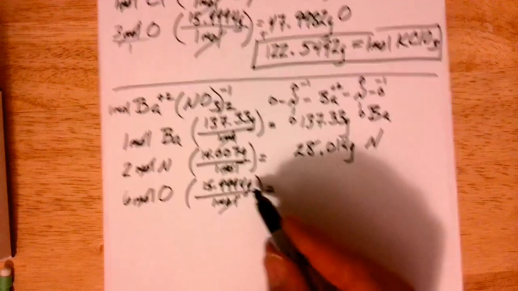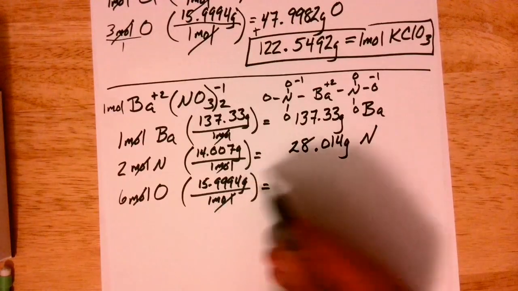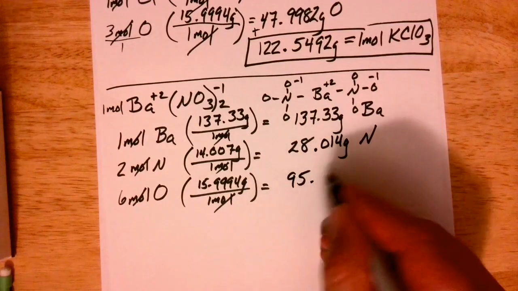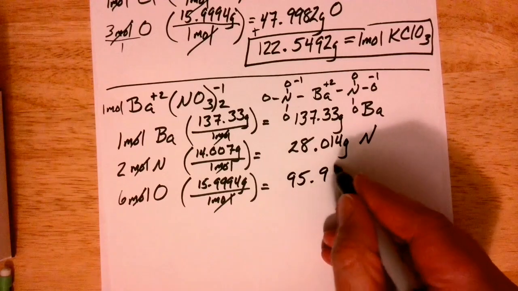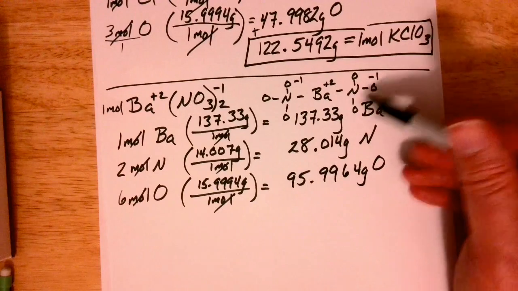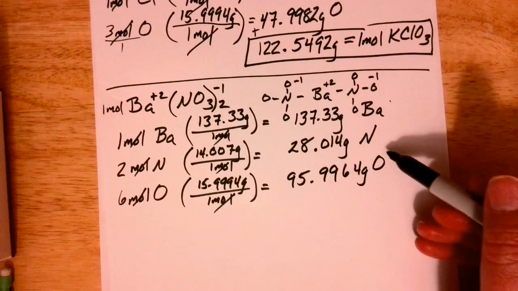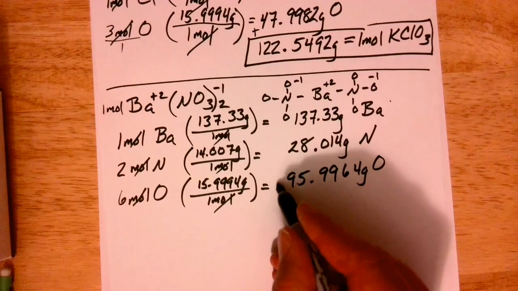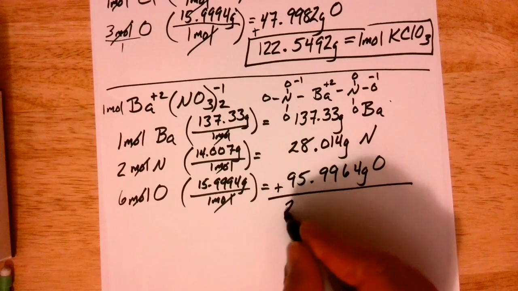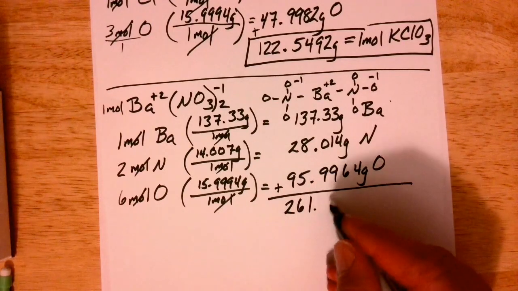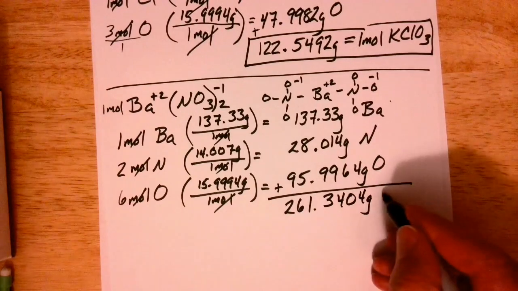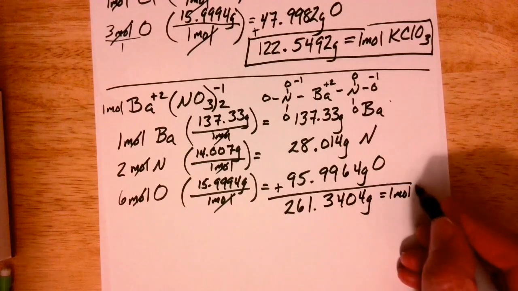And 6 times 15.9994 is 95.9964 grams of oxygen. So we just found out the total weight of barium, total weight of nitrogen, and total weight of oxygen. I'm going to add up all the results together, and you should have 261.3404 grams. Is equal to 1 mole of barium nitrate.